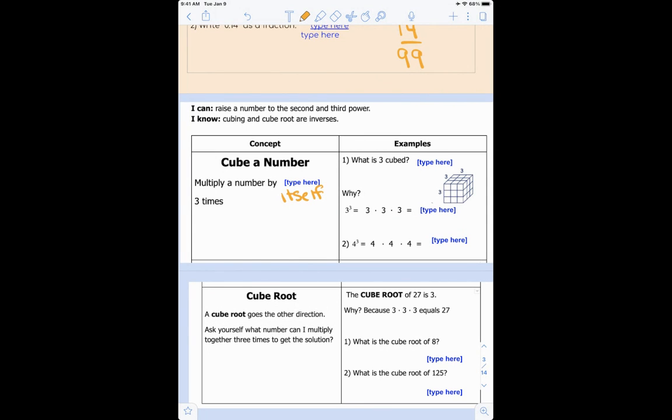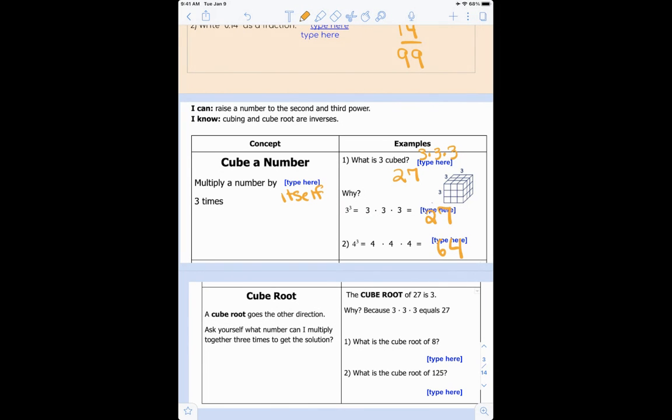Well, it is literally 3 times 3 times 3, which is 27. So 3 to the third power is another way of saying this. So why? Because 3 cubed equals 3 times 3 times 3, which is 27.